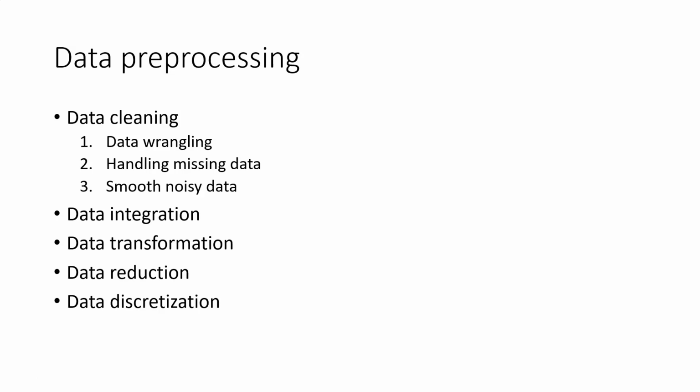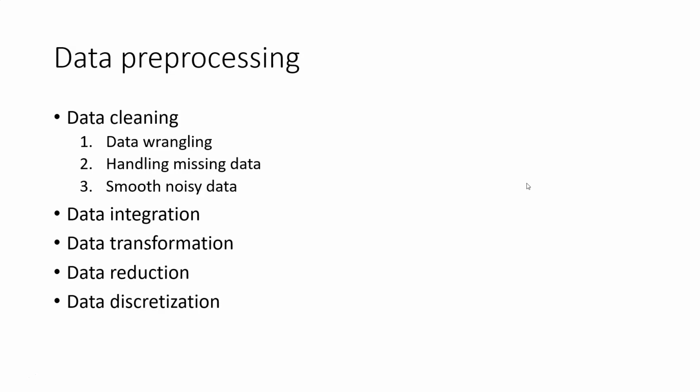In general you can use some inference-based solution to replace the missing value with the value suggested by inference, maybe some Bayesian formula or some decision tree. So these are the ways through which you can handle the missing data.